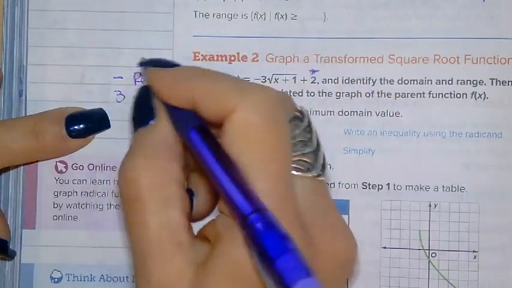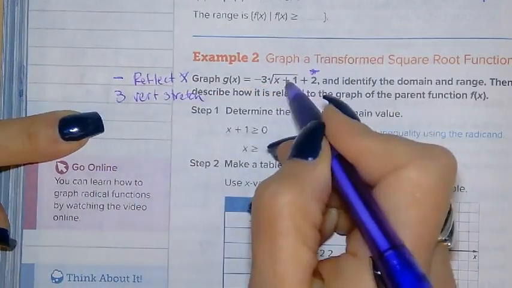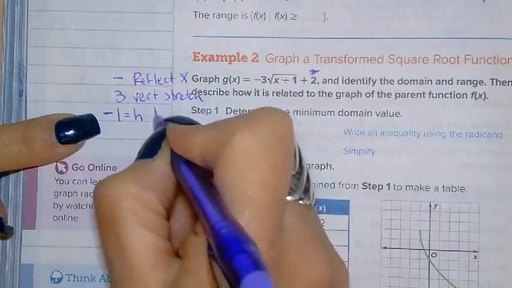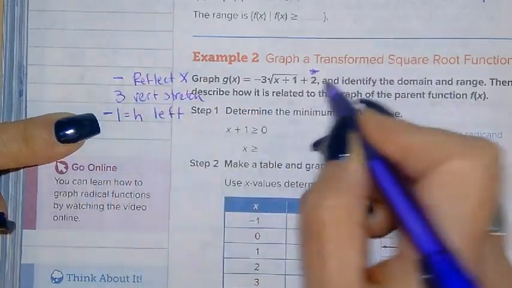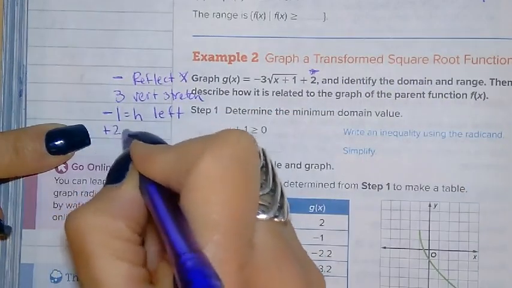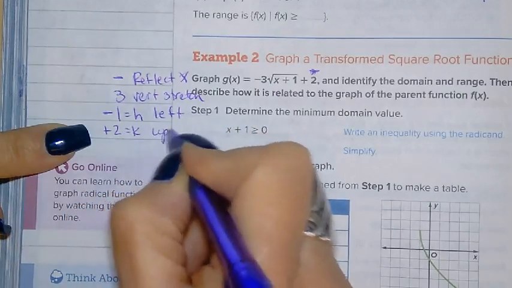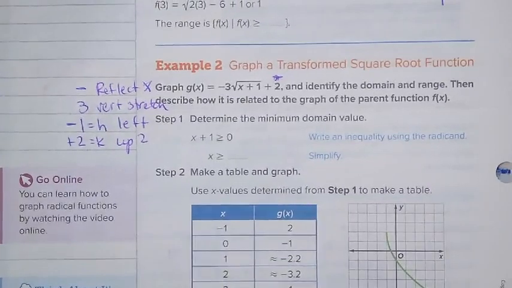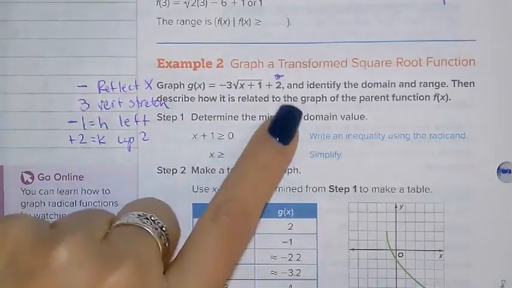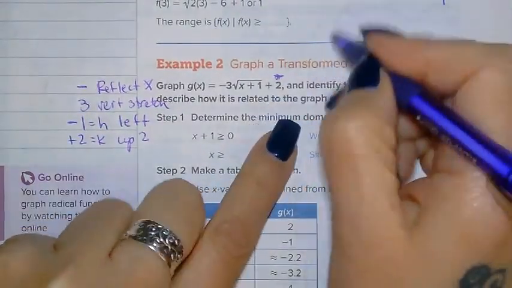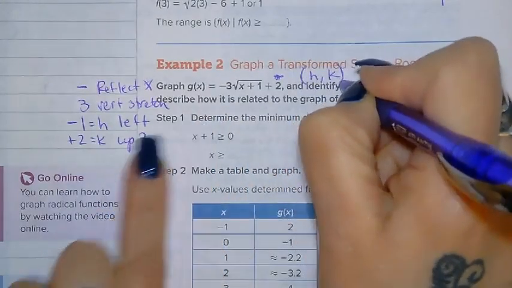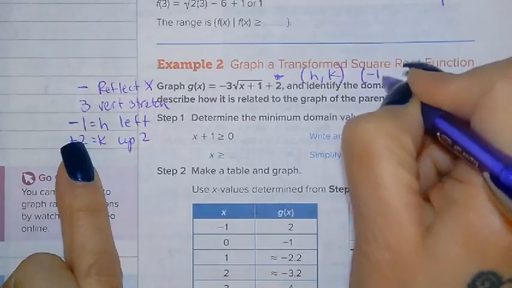H is, since it's plus 1, your H is actually negative 1. So that's left 1. And your K is a positive 2, which is up 2. That means where it starts, not our origin, but the vertex of the thing is H, K. So it is negative 1, 2.